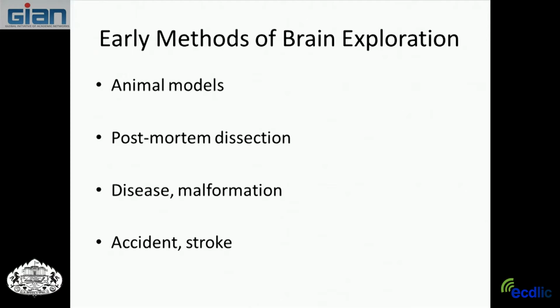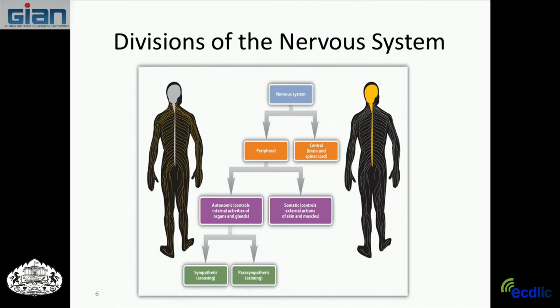But these are things that happen by chance only, so it's not an ideal thing to wait around for someone to have an accident so we can understand their brain. So as we went on, we saw how some of the imaging techniques of the 20th century started to improve the methods and the ways that we can study the brain.